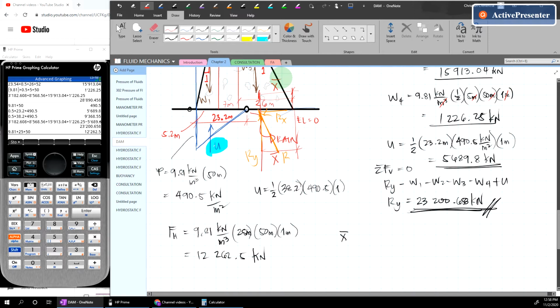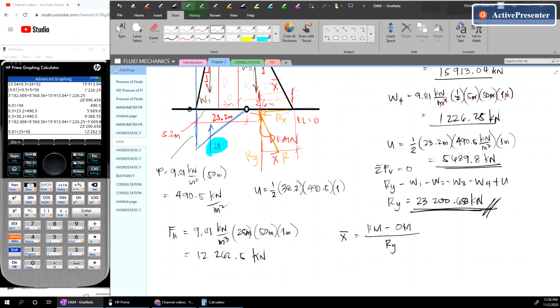Okay. So, x bar is equal to righting moment minus overturning moment over nung Ry. So, meron na tayong Ry, pero wala pa tayo righting moment and overturning moment.